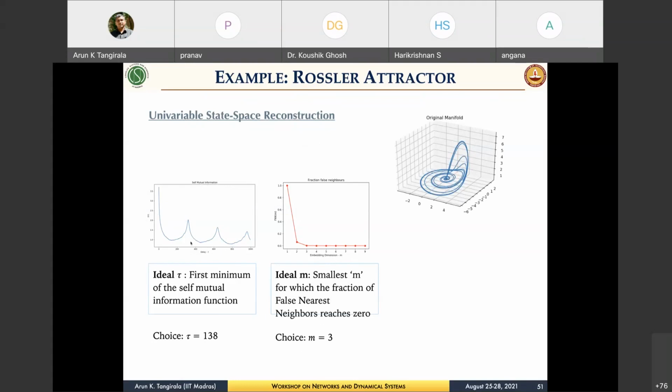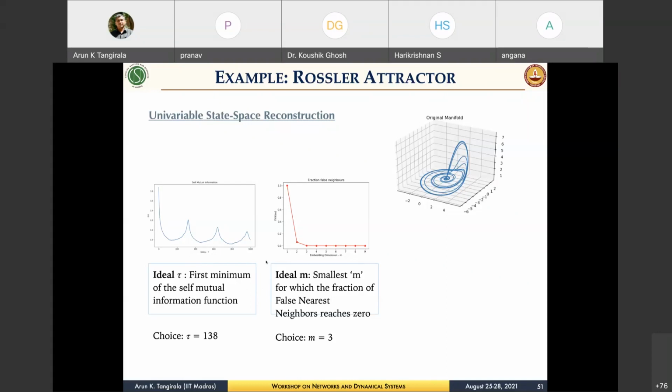What you're doing is you're asking how much is the lagged version related to the current signal, how many lags are required, have you exceeded, have you overestimated the lag, and so on. So you try out different values of tau and compute the mutual information. The first minimum of the self-mutual information function versus different values of tau is recommended as a good value of tau. So for this Rossler attractor, it turns out that 138 is a good value.